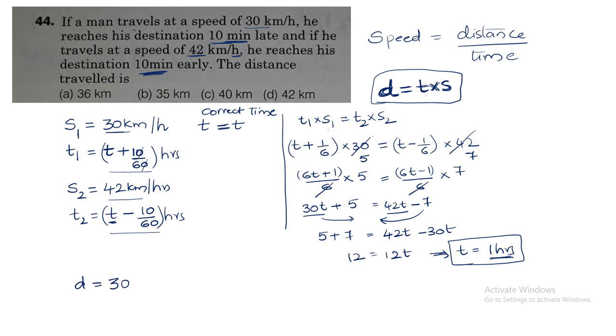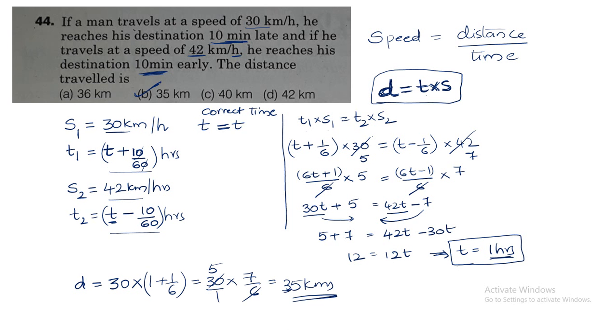So d is equal to 30 into t. So what is the value of t? t is 1 plus 1 by 6. So when I substitute, this gives me 30 into 7 by 6. In the 6 table I can cancel it out 5 times. So 5 7s are 35 kilometers. So the answer is 35 kilometers. So the distance is 35 kilometers.